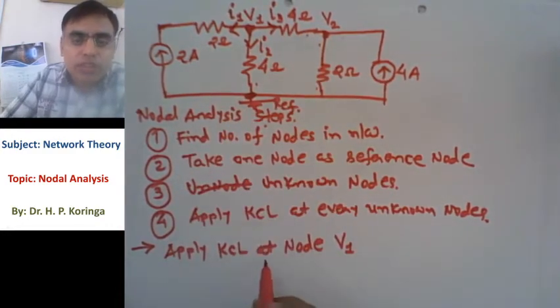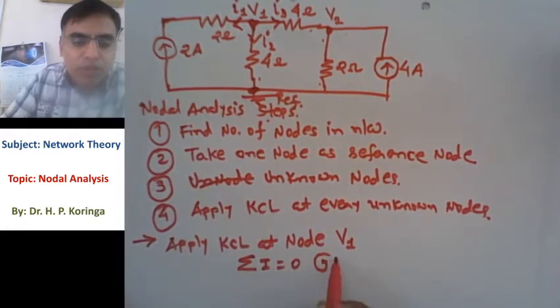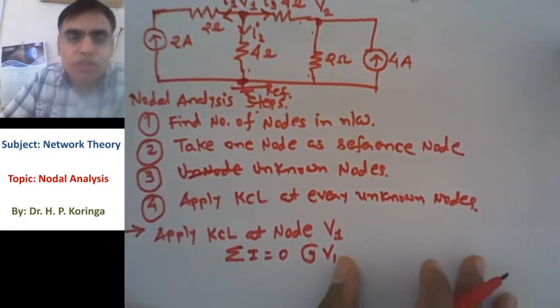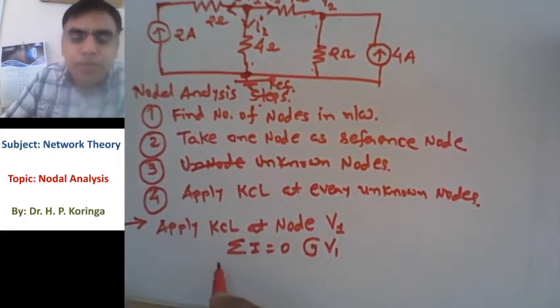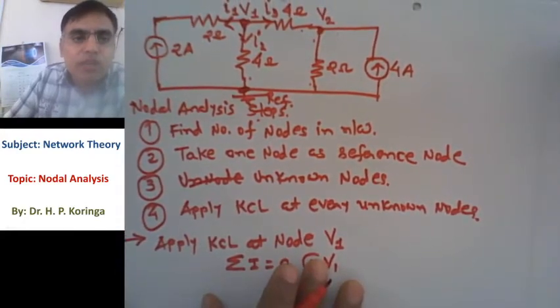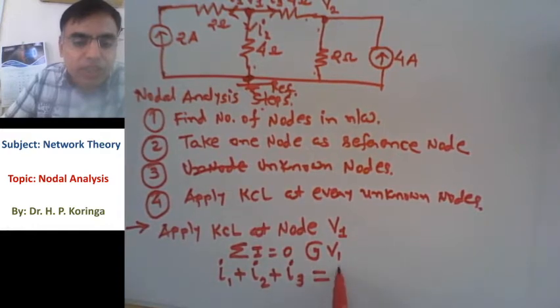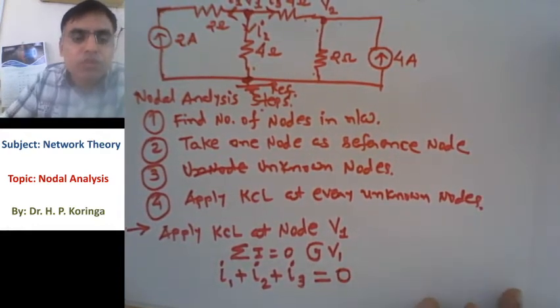So all three currents are outgoing. The summation of currents at node V1 is equal to 0. There are three currents we have assumed in outward directions, I1, I2 and I3. So I1 plus I2 plus I3 is equal to 0.